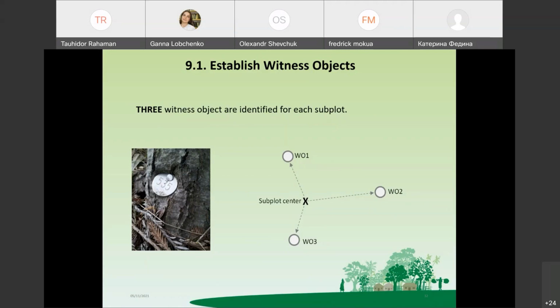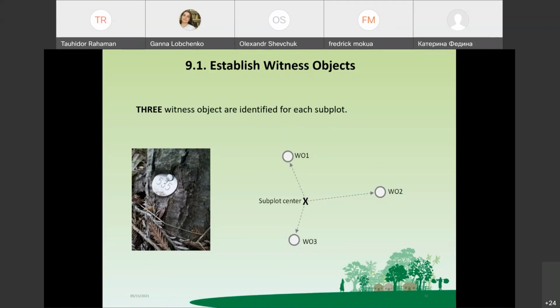And as you can see in the left figure, there is a tag 535. So we put that sort of tag on the witness object, and later on, from the witness object, we measure the slope distance and bearing, and we do the triangulation.